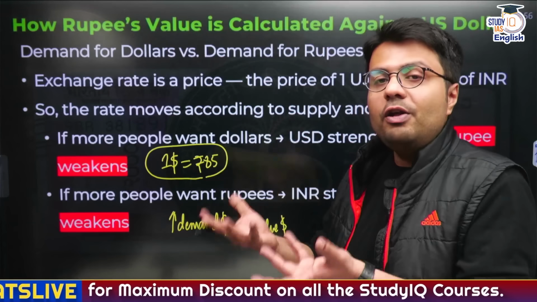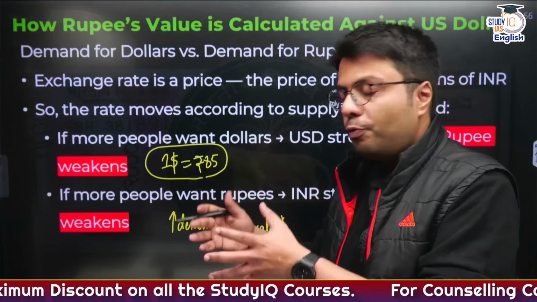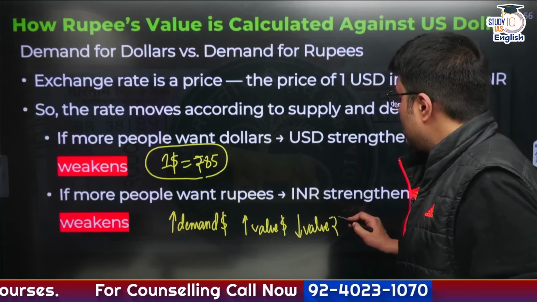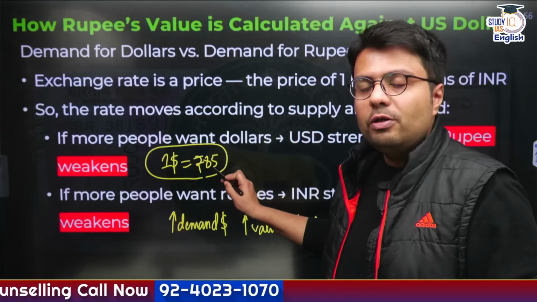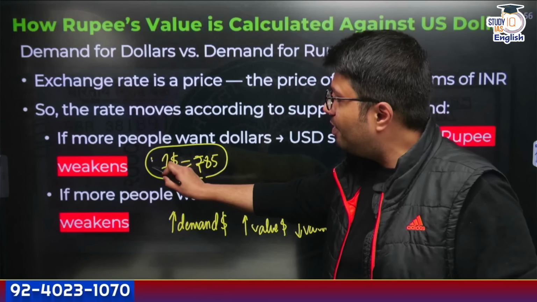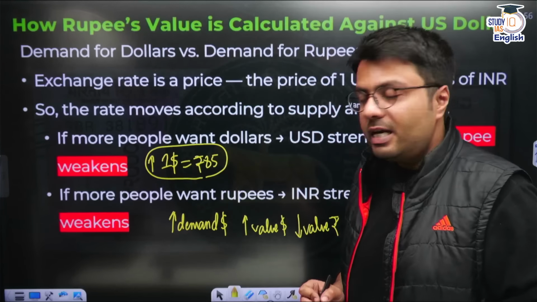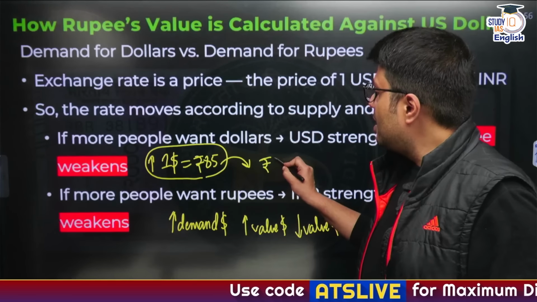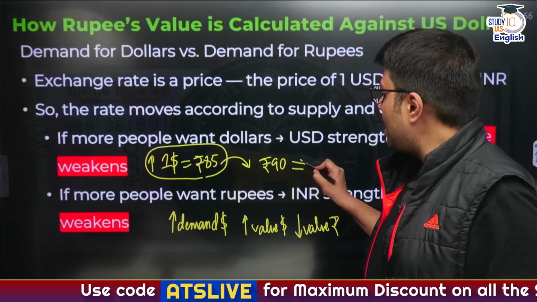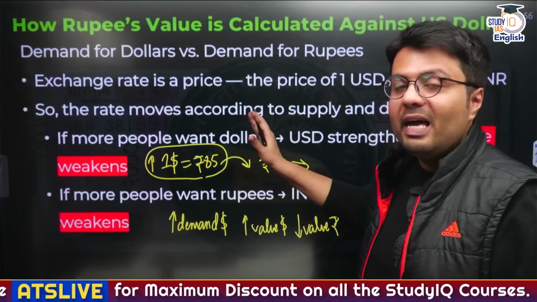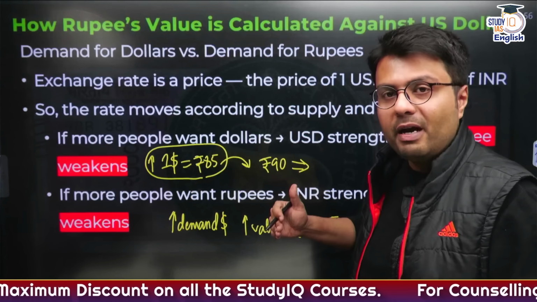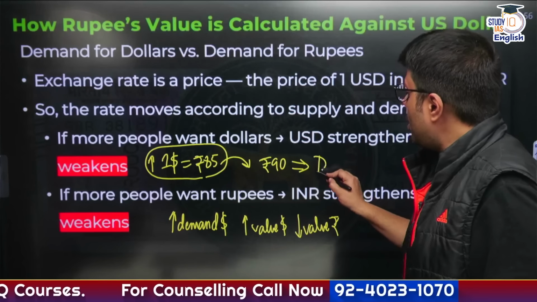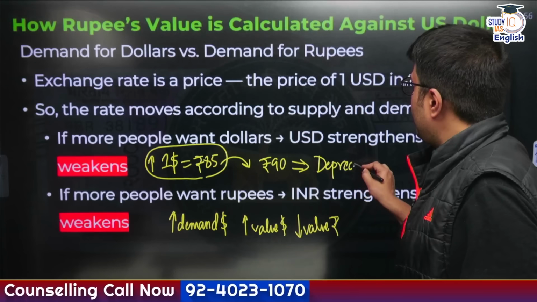Now, whenever the value of dollar increases, when you compare it with rupee, the corresponding value of rupee would decline, right? So in this case, if $1 equals rupees 85, and then the demand for dollar increases, then it would decrease the value of Indian rupee to say 90 rupees. And this is an example of fall in the value of rupee because you have to shell out more rupees right now to buy one single unit of dollar. And this is what is called the depreciation of Indian rupee.